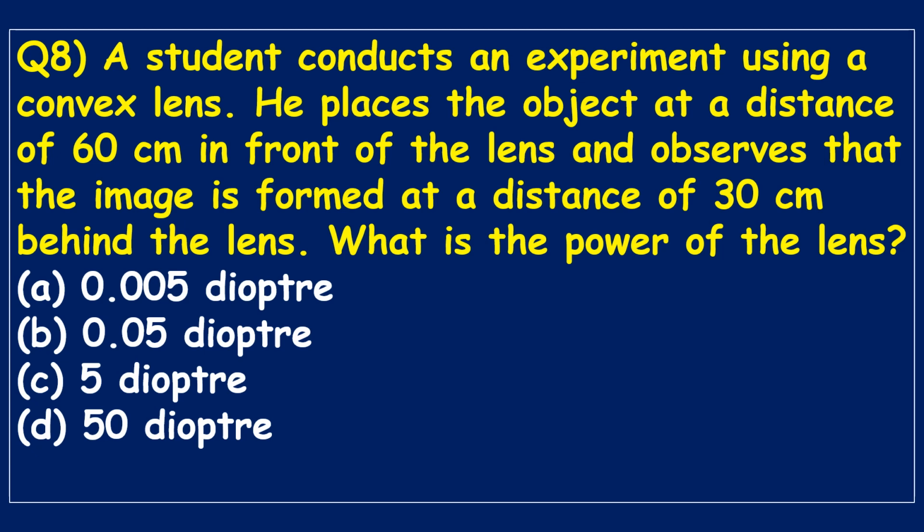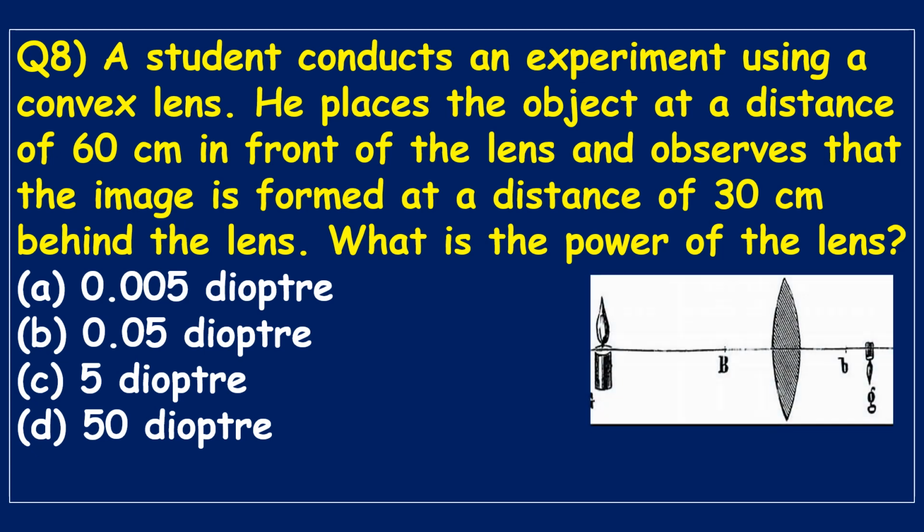If you observe this picture, the object is kept in front of the lens, 60 centimeters away. It's a candle as the object here, and on the other side, behind the lens, the image is formed on a screen, which is real and inverted.